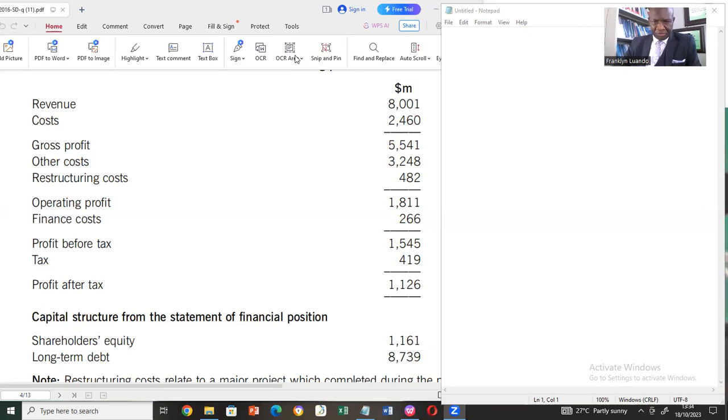So we have the return on equity, number one. Return on equity, we have the profit after interest and tax divided by shareholders' equity multiplied by 100.